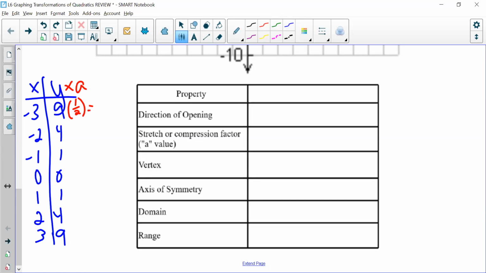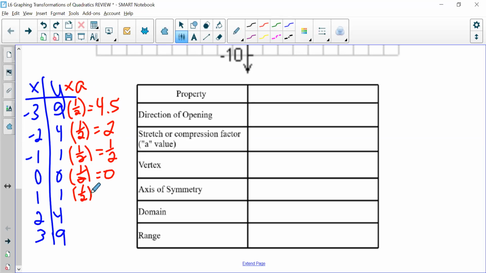1/2 of 9 is 4.5. 1/2 of 4 is 2. 1/2 of 1 is 1/2, or 0.5. 1/2 of nothing is nothing. 1/2 of 1 is 1/2. 1/2 of 4 is 2. 1/2 of 9 is 4.5. Okay, and I'm going to graph those.